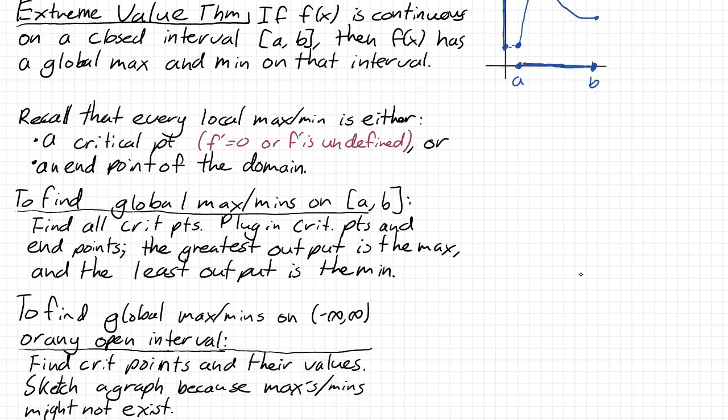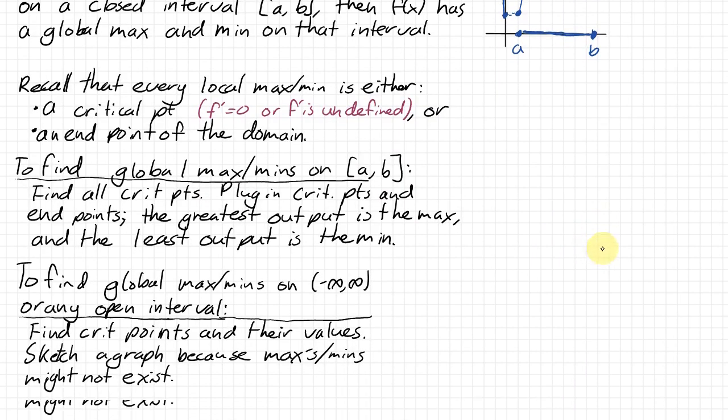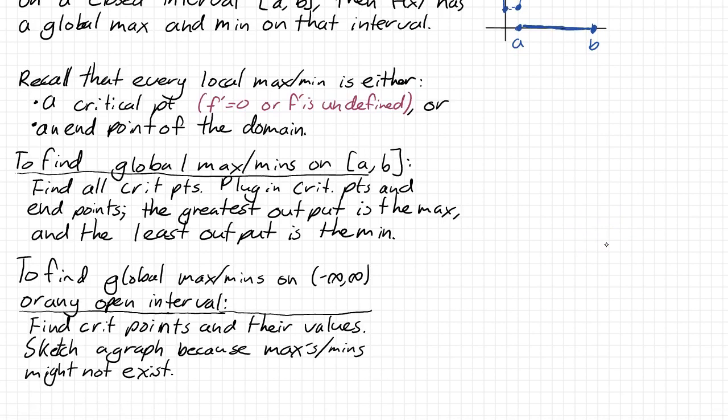So this gives you a general method you can use for approaching these kinds of problems, which we're going to have in this section, 4.3 and 4.4. Every local maximum or local minimum, which we learned about in the last section, 4.1, is either a critical point, which is where the derivative is 0, or where it's undefined, like where you have a sharp corner, or where you have a discontinuous function, maybe.